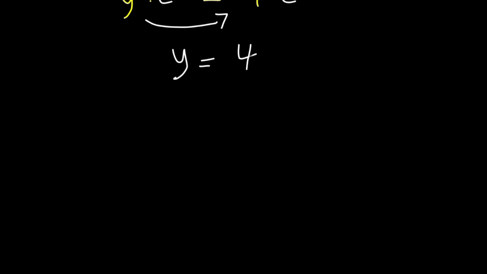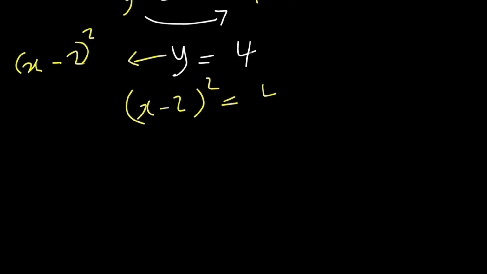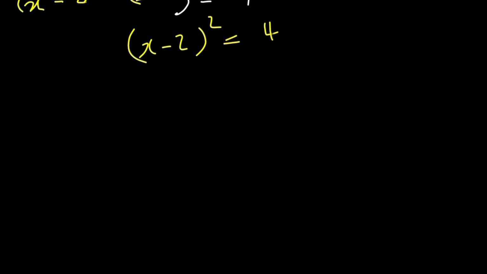And let us recall that y is (x−2)². So I'm going to have (x−2)² = 4. Then from here we say (x−2)² − 2² = 0, where we rewrite 4 as 2 squared. And now we have a difference of two squares.